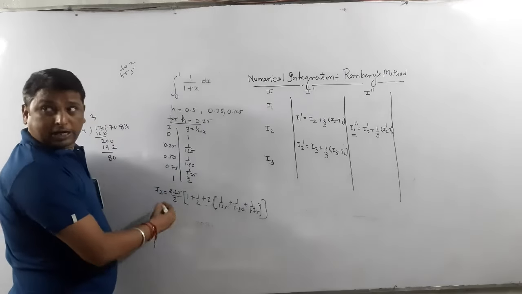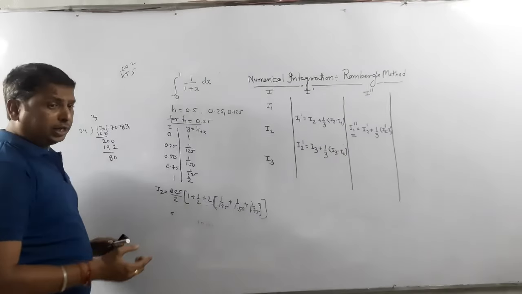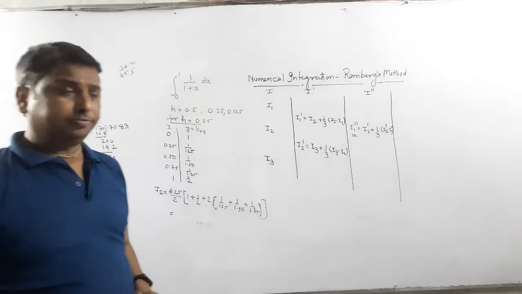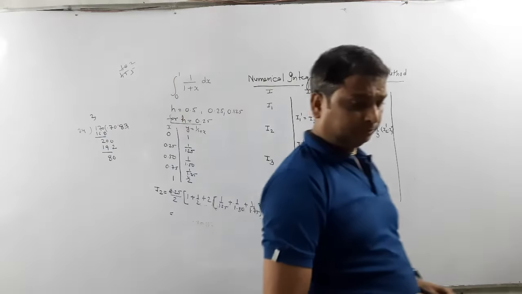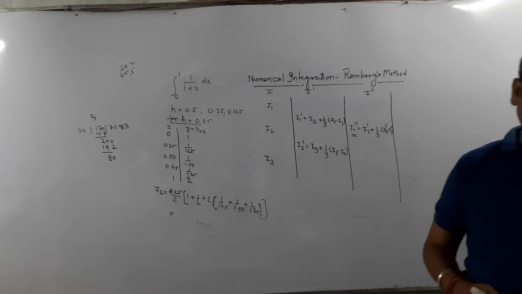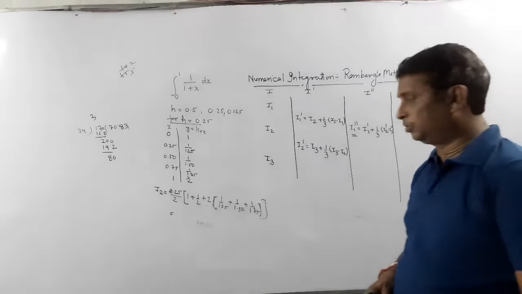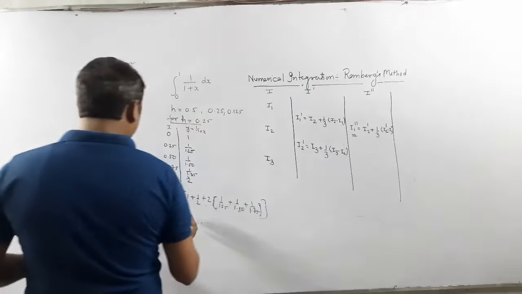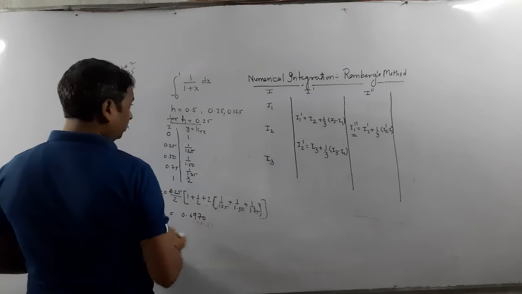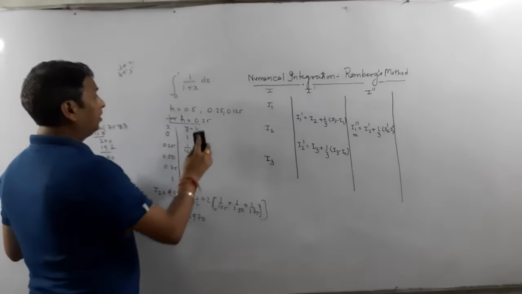So calculate the I2 value and then similarly calculate the I3 value. Simplify it. What is the I2 value? It will come 0.6970. Correct? Please check it. Now calculate the I3 value. For I3, what do we have to do?